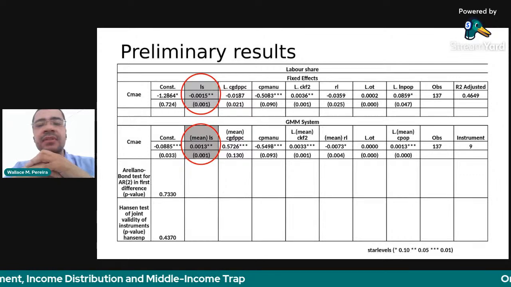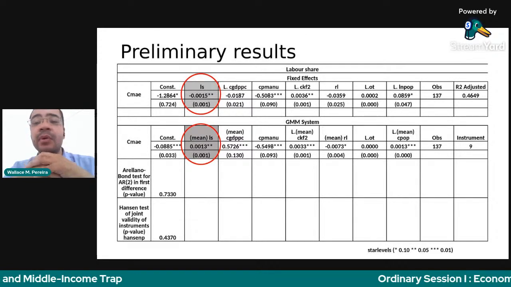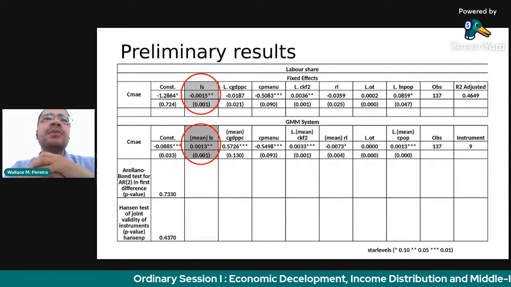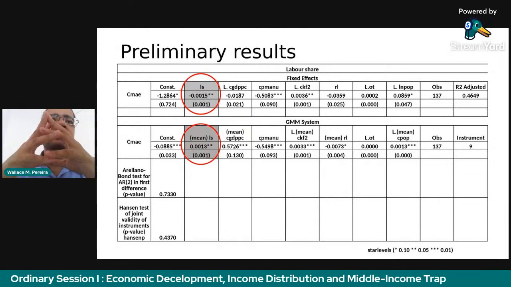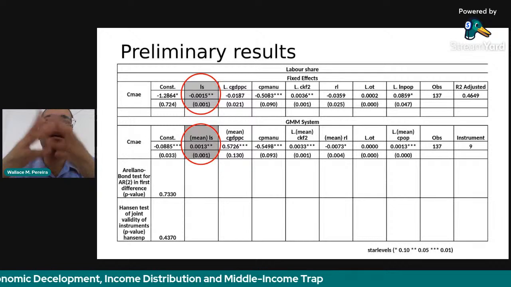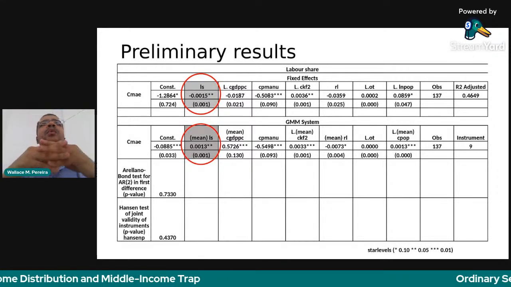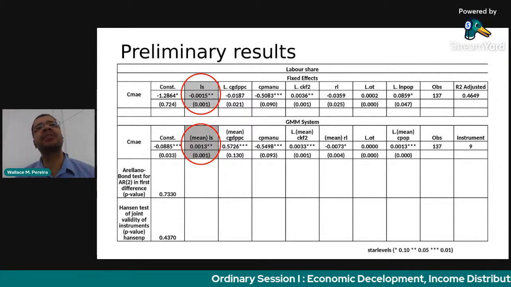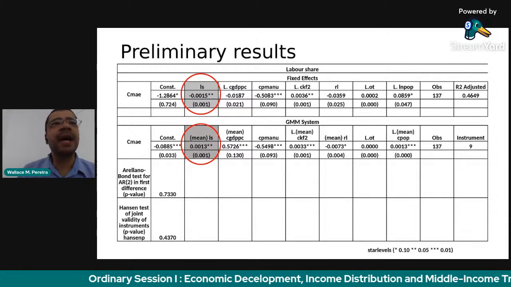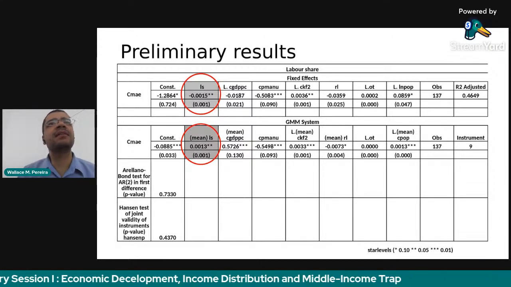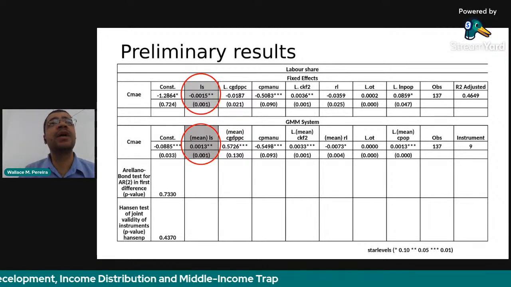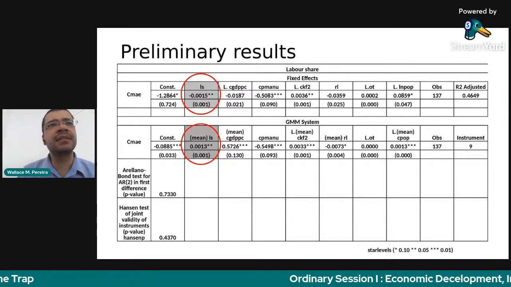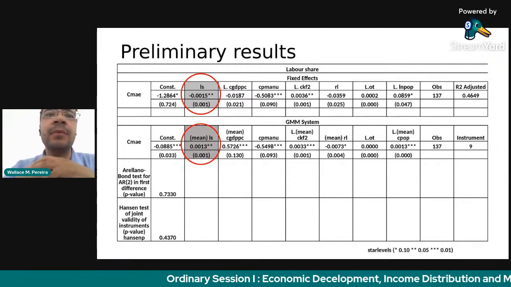That is, the participation of wages in income has a positive impact on structural change in favor of manufacturing. So the result is very interesting because the literature is a little controversial: when we use fixed effects, we have a negative impact on manufacturing, but when we treat the endogeneity of the model, we have a positive impact of labor share.